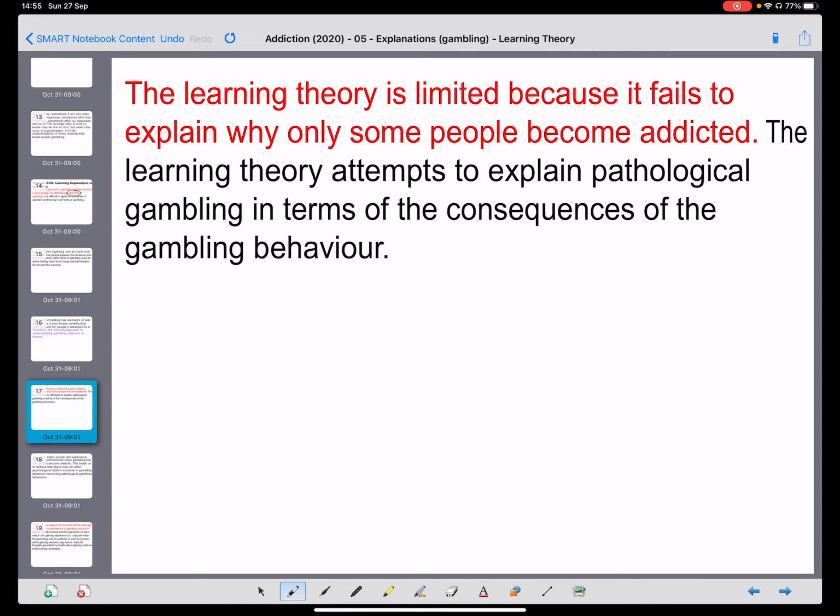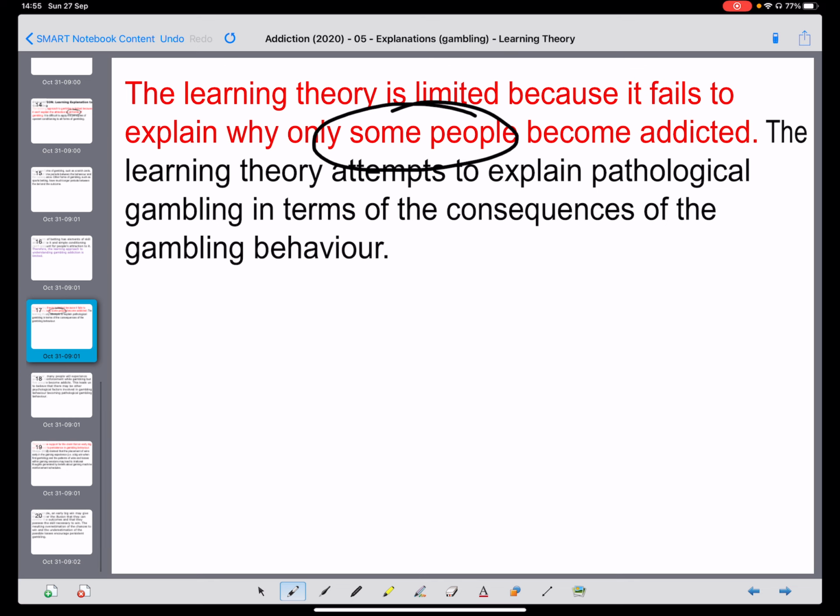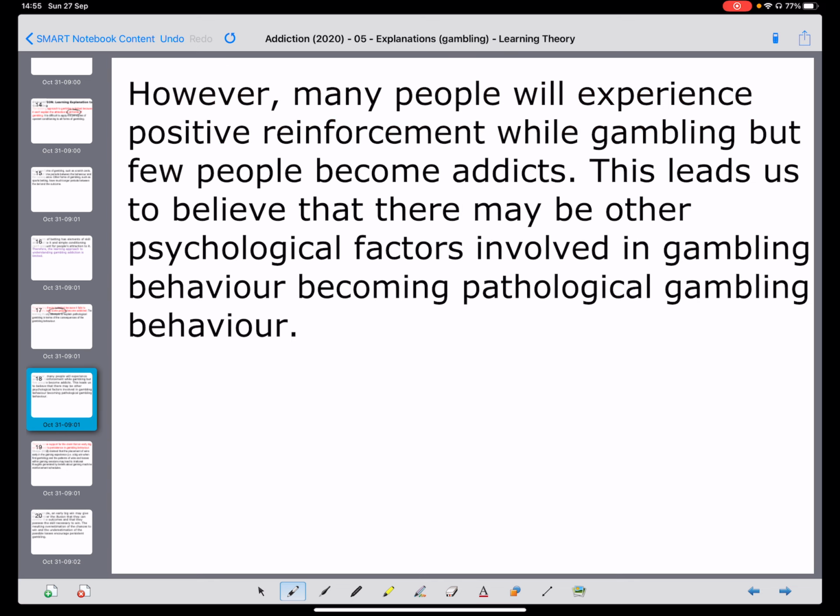The second evaluation point is that it's all about individual differences. What we do find is that only some people become addicted to gambling, yet we may all have similar experiences. It says here many people experience positive reinforcement, but few people become addicts.